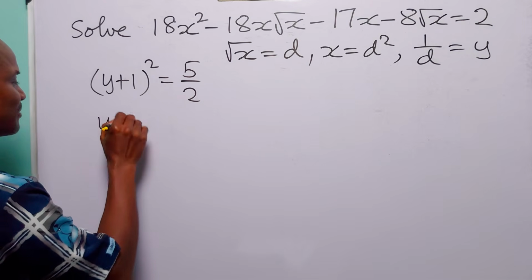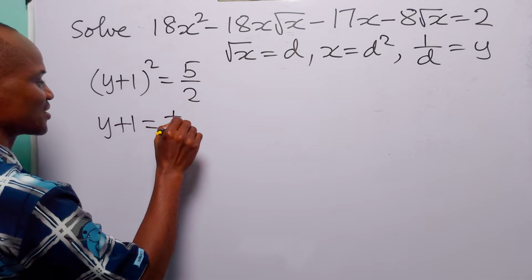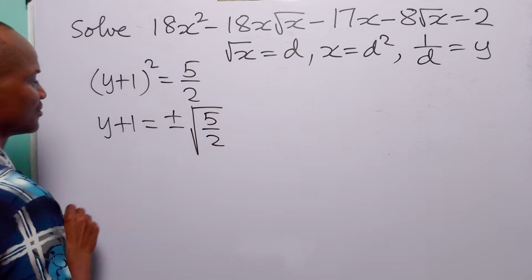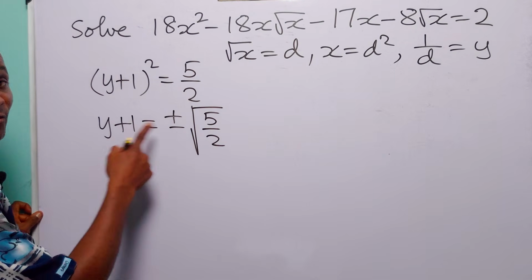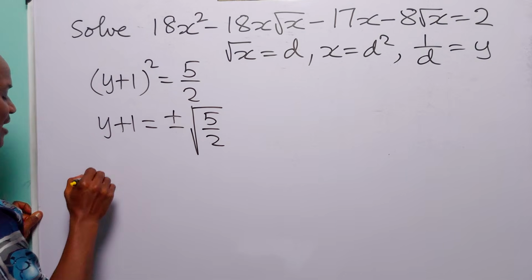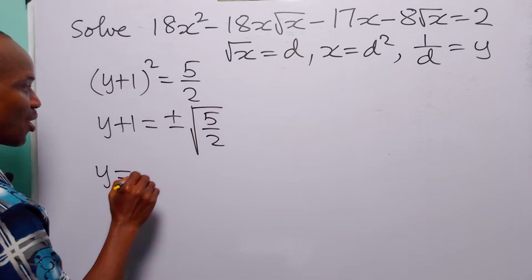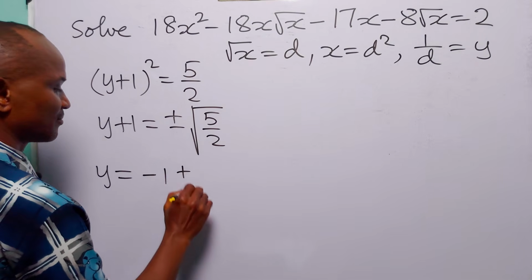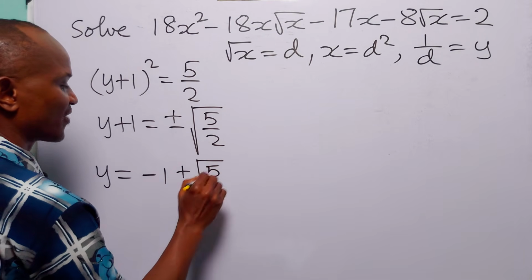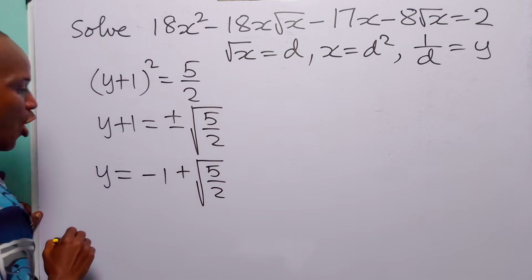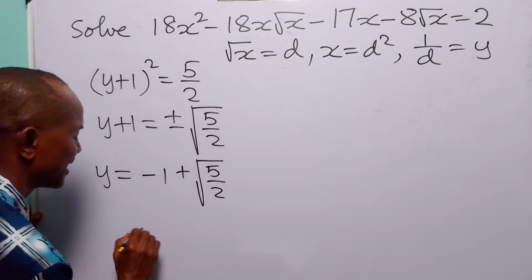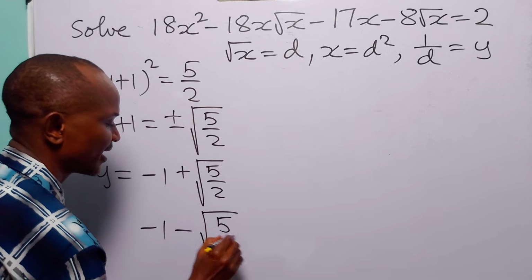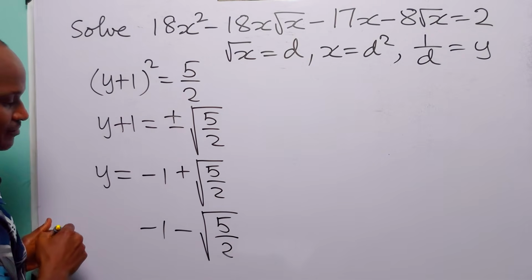We have that y plus 1 is equal to plus or minus the square root of 5 over 2. Subtracting 1 from both sides of this equation, we have that y is equal to minus 1 plus root 5 over 2, or minus 1 minus root 5 over 2.